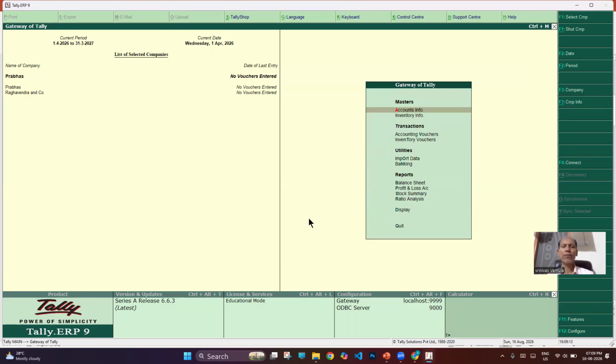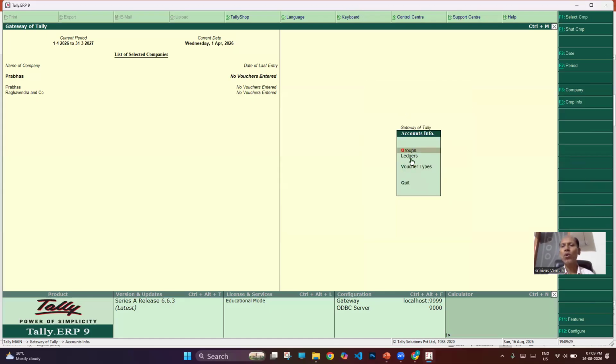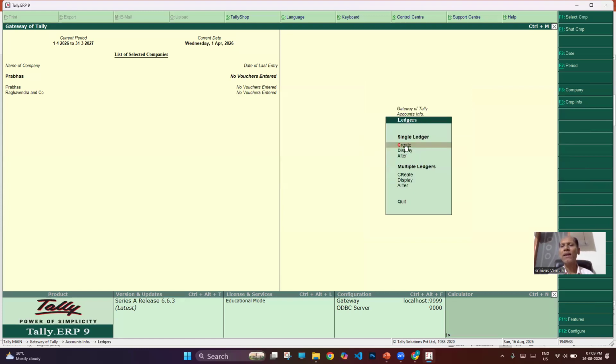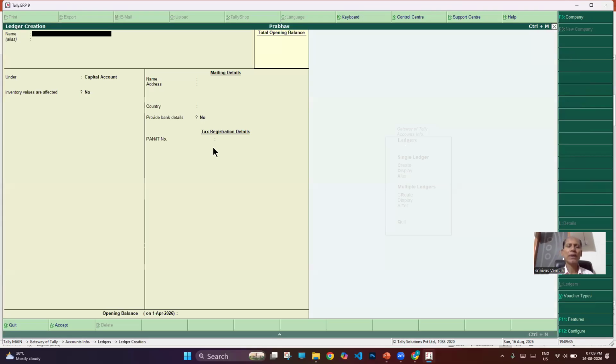As soon as we press escape, we can see this kind of interface. So to create the ledger is very simple. Go to accounting info, click on it, go to ledgers, click on it, and create ledger. Now one by one, we have to create the ledgers.